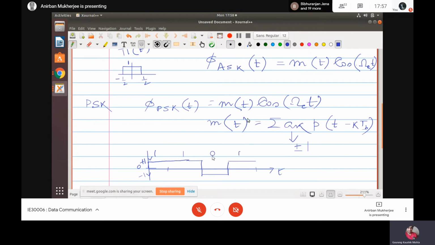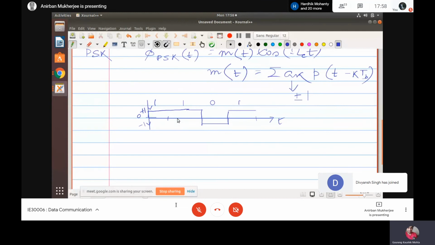Now, in that case, if I just multiply with cosine, then what will happen at this 1, 0? Normally if I have 1, then it will move like this.